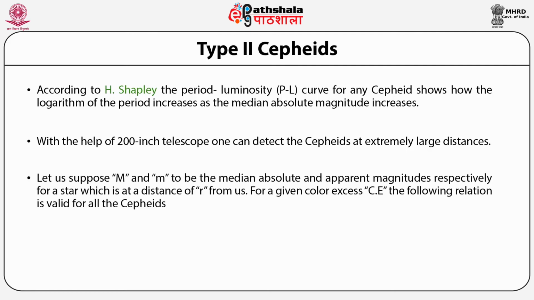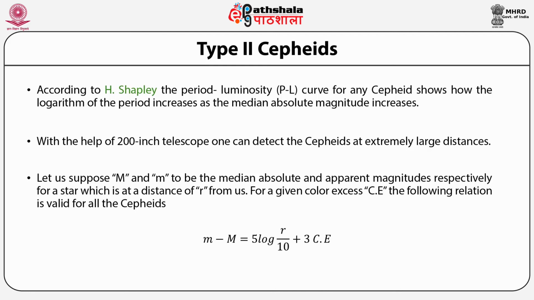If we suppose capital M and small m denote the median absolute and the apparent magnitude respectively for a star which is at a distance of r from us. For a given color axis, the following relation is valid for all the Cepheids: small m minus capital M is equal to 5 times log of r by 10 plus 3 times the color excess, CE.